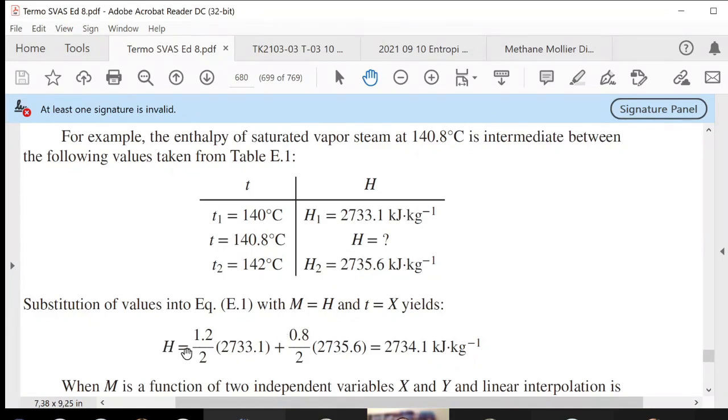This is the way: I have 1.2 divided by 2 Celsius, and 0.8 Celsius divided by 2 Celsius. That is the delta extreme. Multiply by this, and I get 2734. 2734 is closer to 2733 compared to 2735.6. So this is the answer, and this is how to estimate or calculate exactly the values.